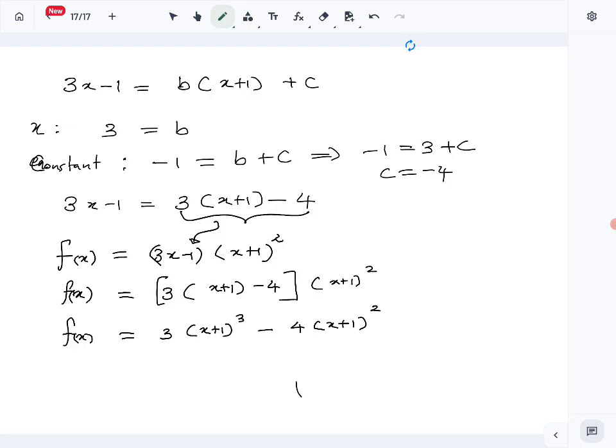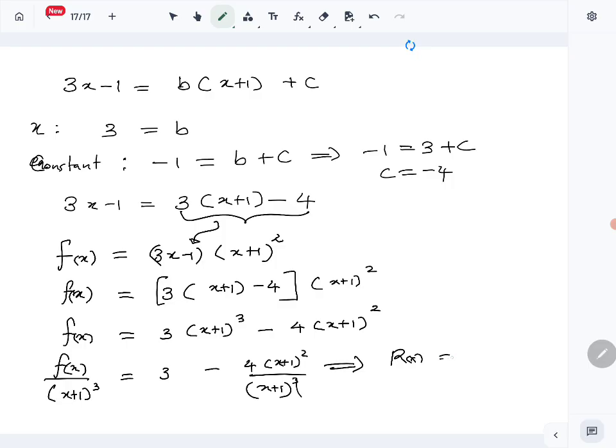Right. So then we want to divide by what? Divide f(x) by (x plus 1) cubed. So what do you get? 3 minus 4(x plus 1) squared over (x plus 1) cubed. So then the remainder is what? From the division algorithm, r of x is minus 4 times (x plus 1) squared.